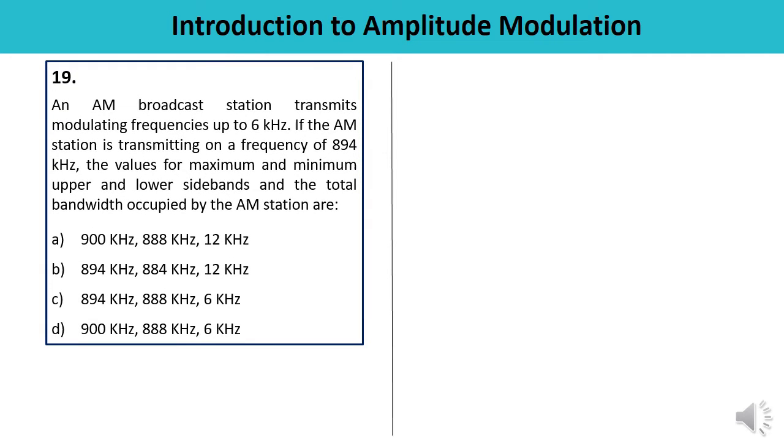Next question. An AM broadcast station transmits modulating frequencies up to 6 kHz.